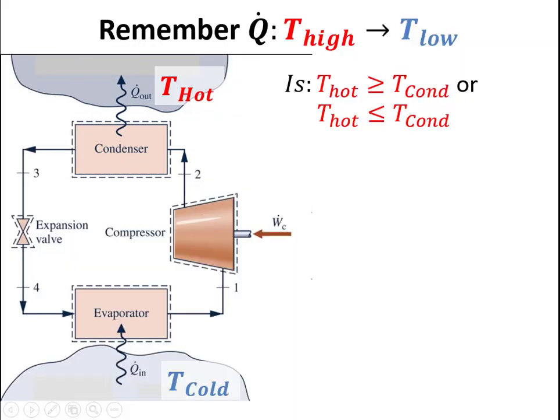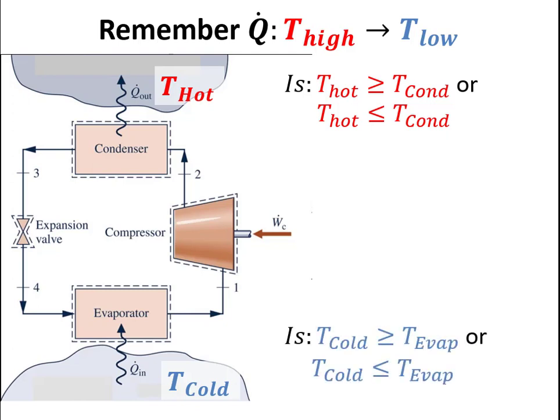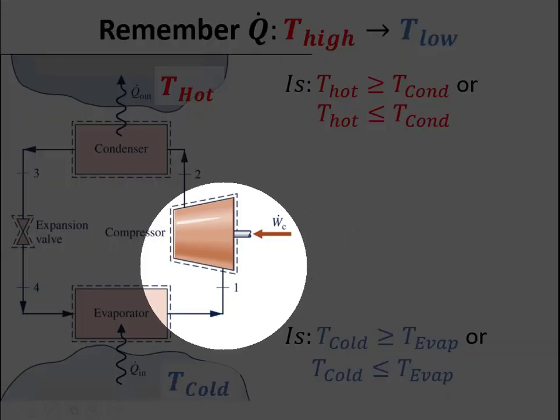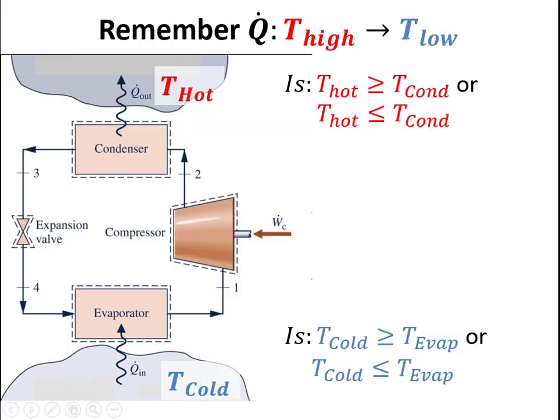So here T hot is less than the condenser temperature, and that's why heat is moving from our condenser to our hot space. Similarly, on the cold side, we make our device so that the evaporator is colder than the cold side, so that heat is moving from T cold into the evaporator. That means that T cold has to be greater than the evaporator temperature.